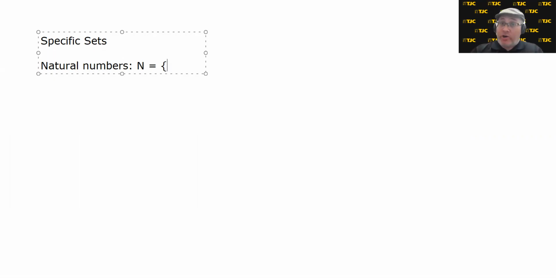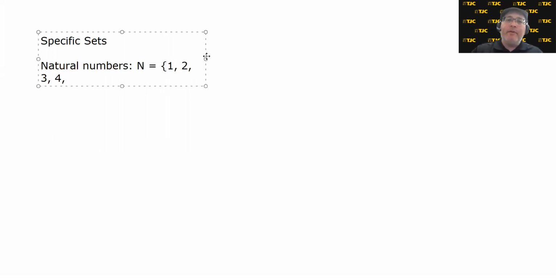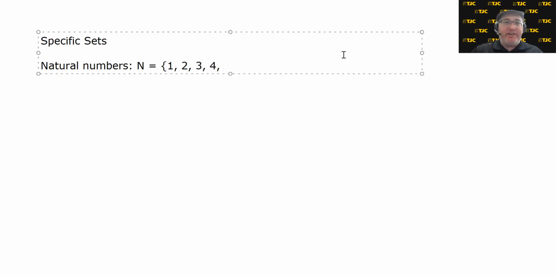So altogether, if we started counting 1, 2, 3, 4, but here's a problem. This set is not going to end anytime soon. And if we were to just close it off now, then that would not be all of them. That would just be the first 4 natural numbers. But I don't have time to write them all because they go on forever.